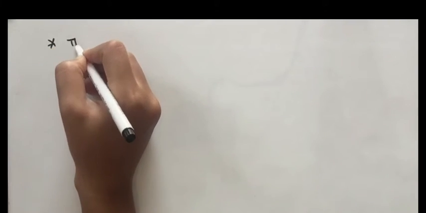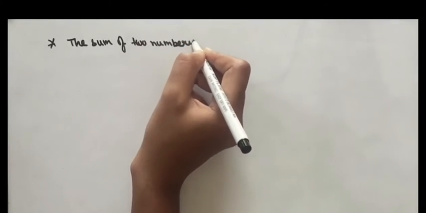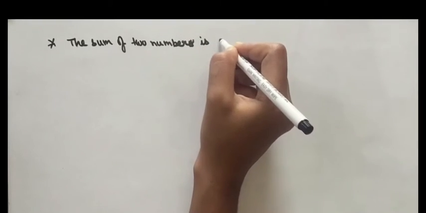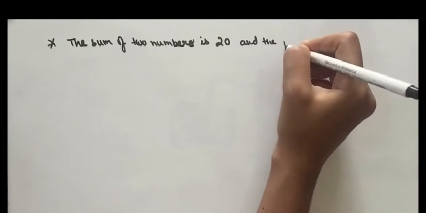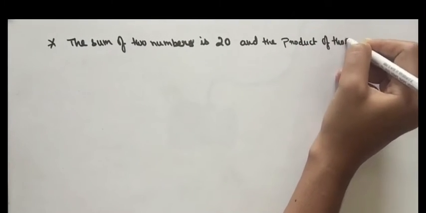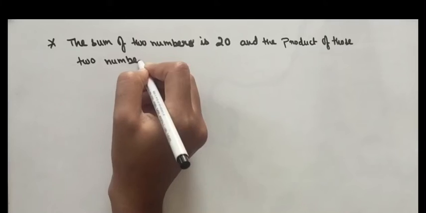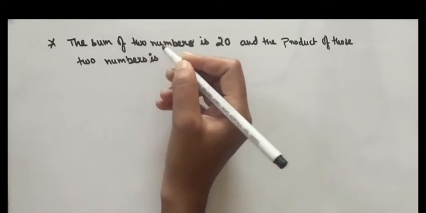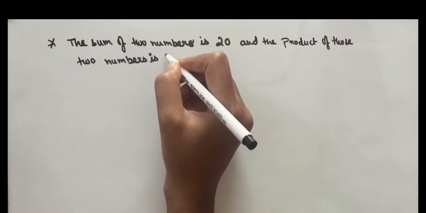Let us look at the third example now. The sum of two numbers is 20 and the product of those two numbers is 8.